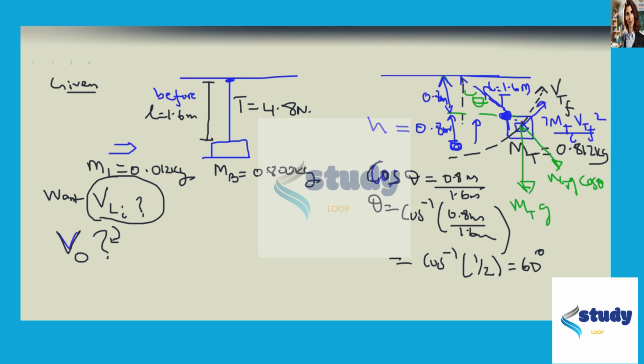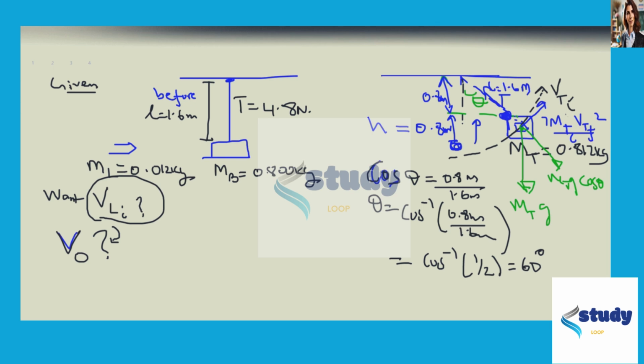Again, we had a system where a bullet was being fired on a block and pushing the block upwards. We have to find the initial velocity when it collides with the block. This one we should have called initial, when it's rising up, just for convenience in computations. That's the total.